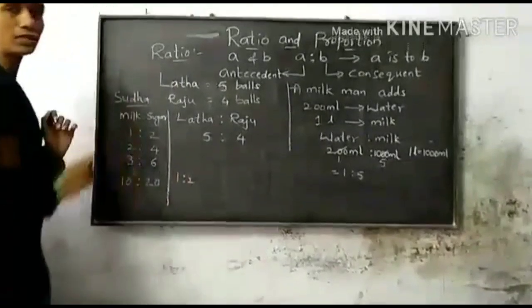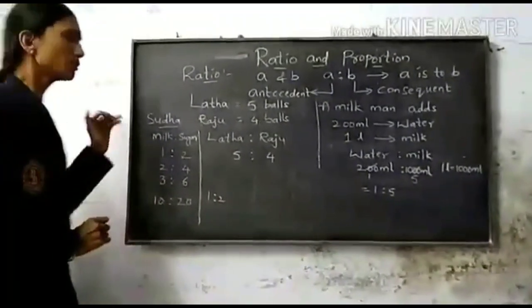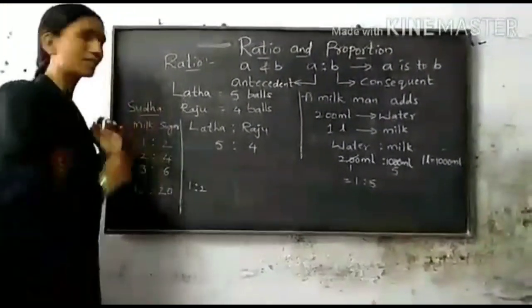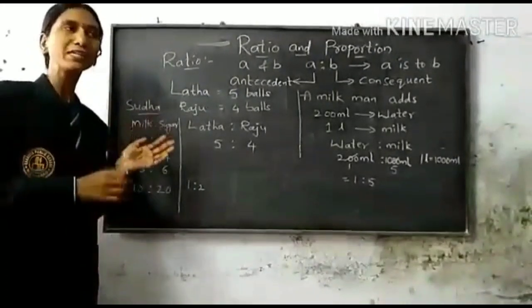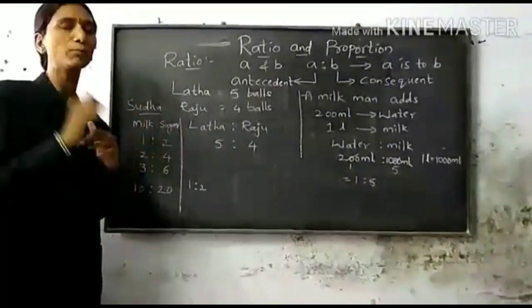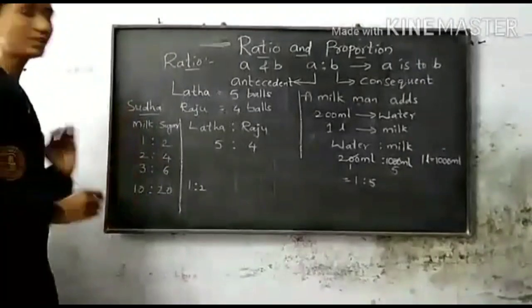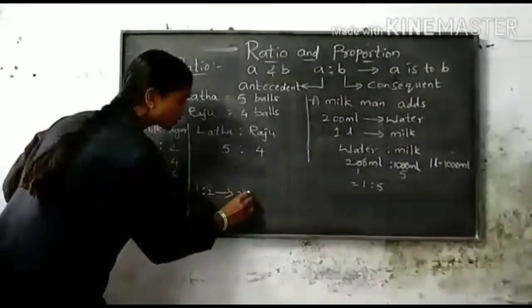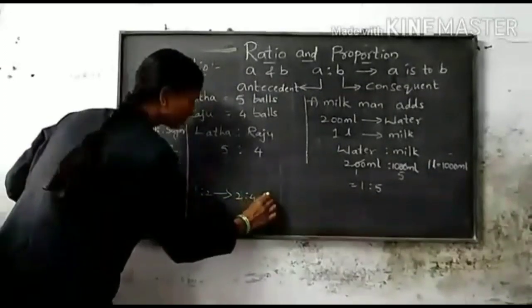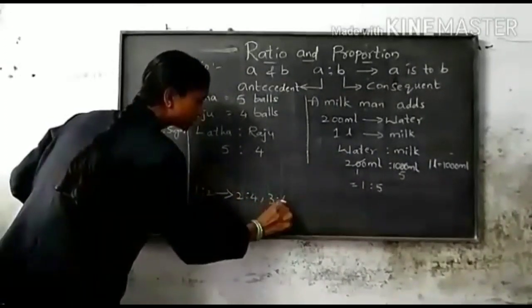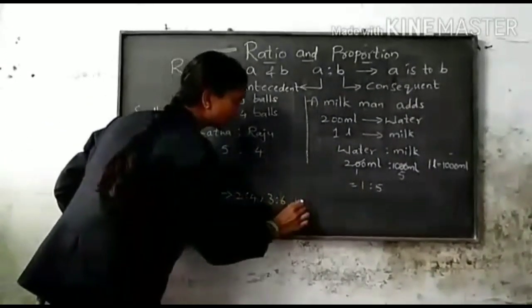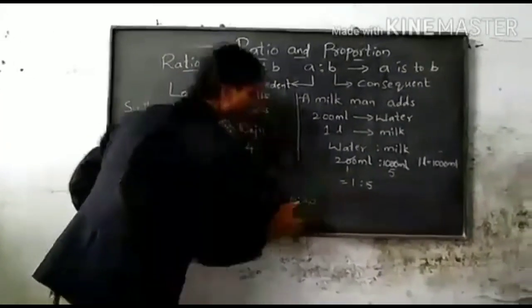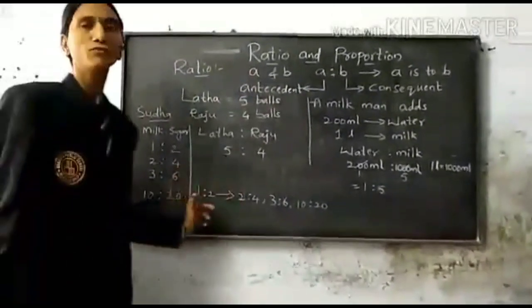So these are called equivalent ratios. Such ratios, obtained by dividing or multiplying by any number, are called equivalent ratios. 1:2 is constant; 2:4, 3:6 and 10:20 are the equivalent ratios of 1:2.